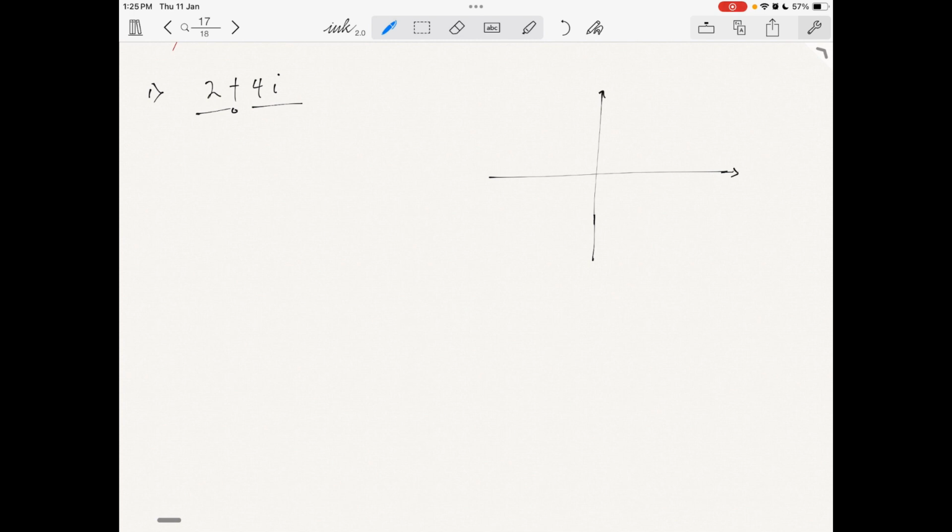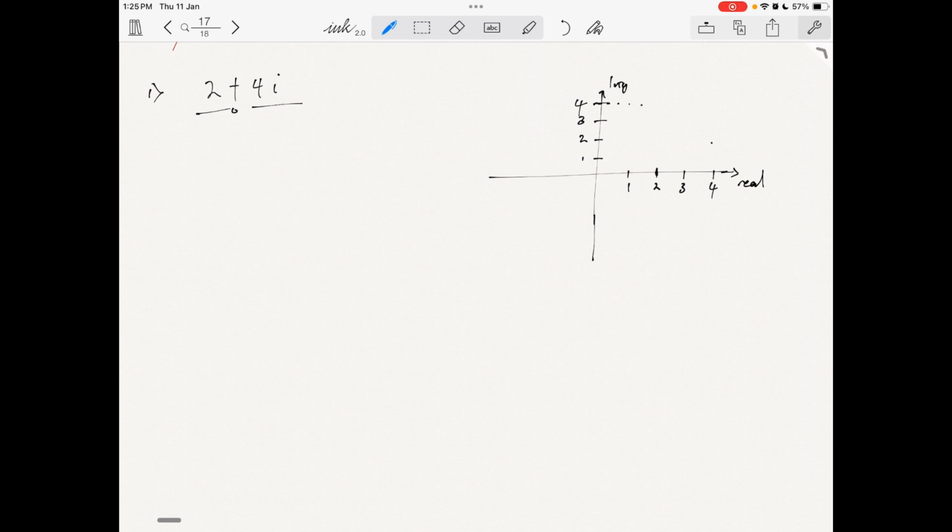So drawing the Argand diagram, you can have 1, 2, 3, 4. And then we know that it is 2 real. Okay, this is the real part and this is the imaginary part.